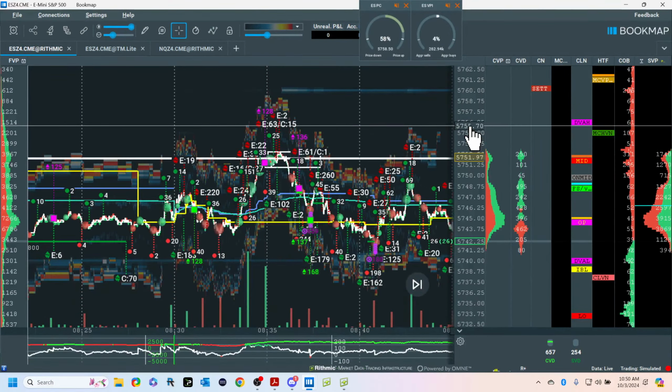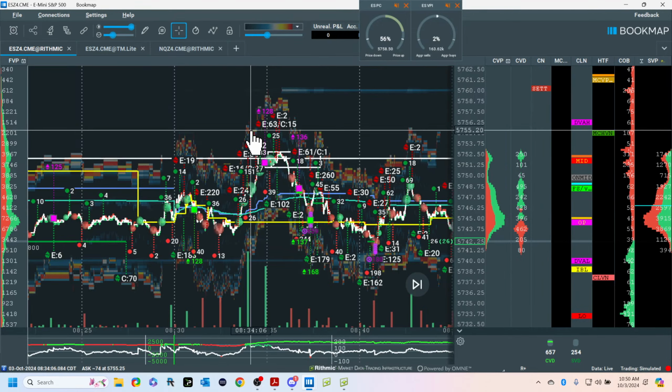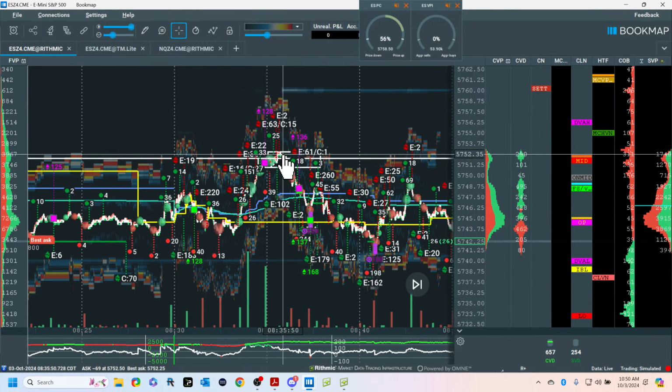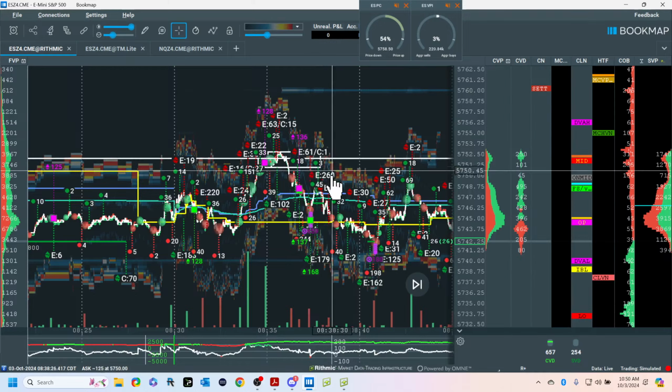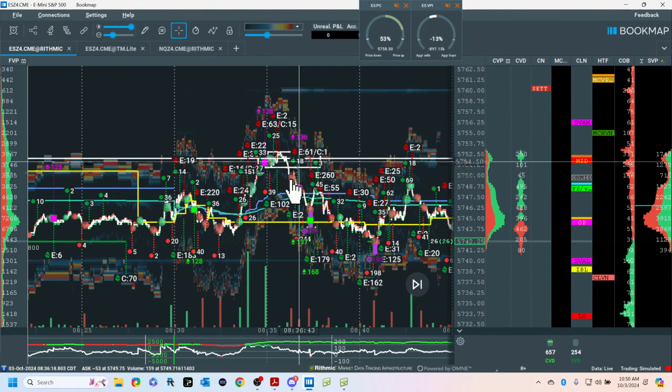So for me, thinking now, it's very conflicted because I know I can go two sides. It's two-sided trade. And the fact that we had this selling might be the end of it right here, and we could fall out the bottom. So it really is kind of up for grabs here.